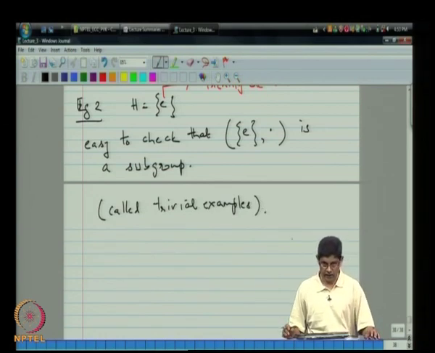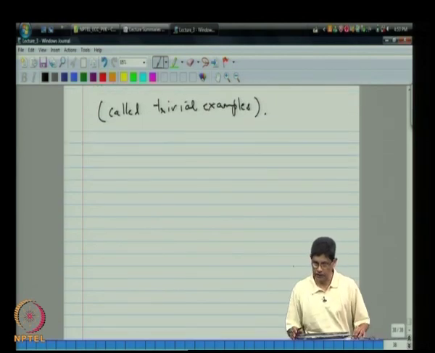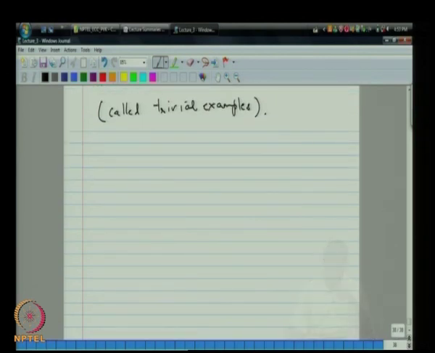Now, we will look at a couple of other examples, but before that let us get into another issue, which is how do you test for a subgroup.